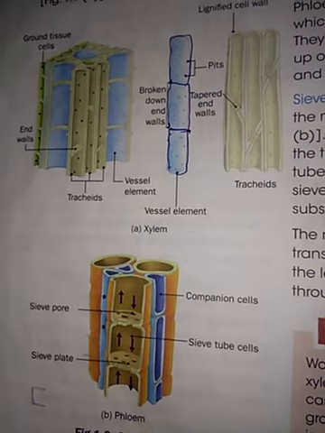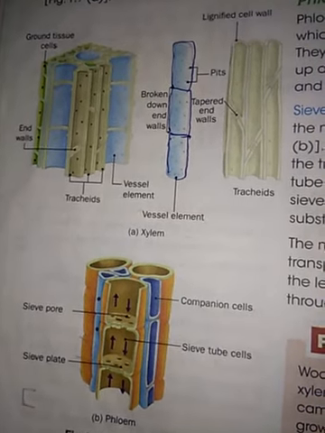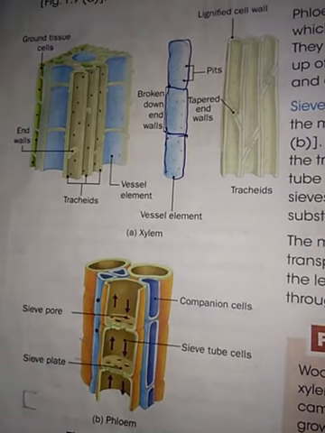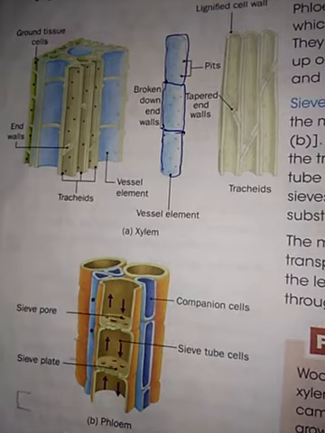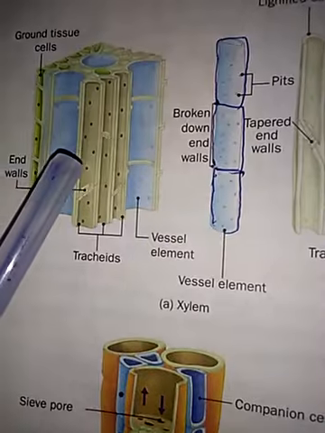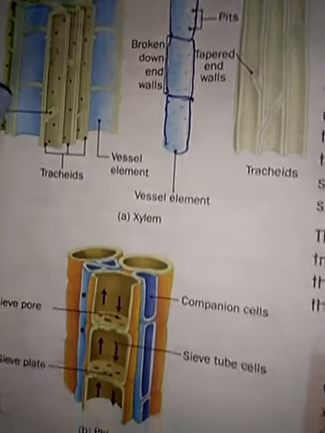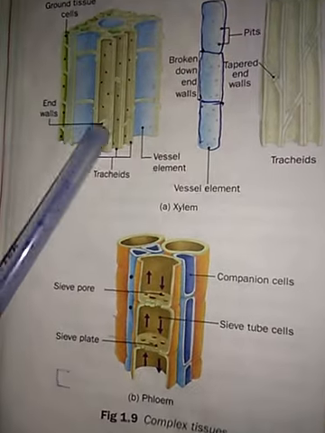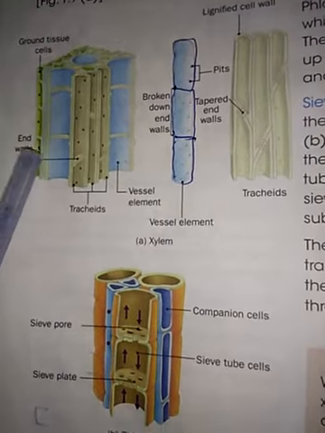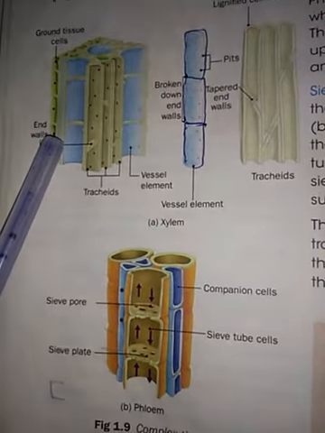That is called complex tissues. In plants, xylem and phloem together form the complex tissues.